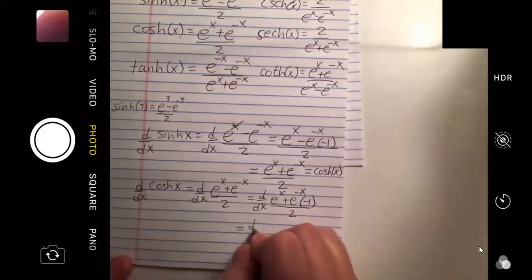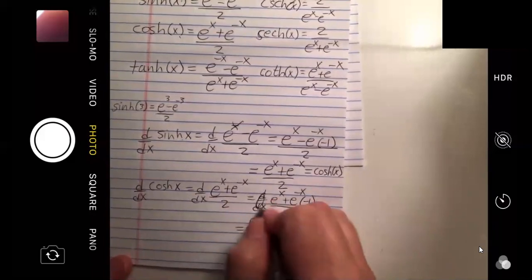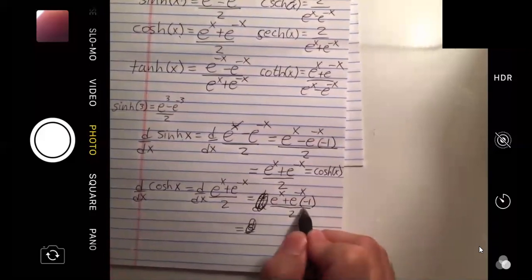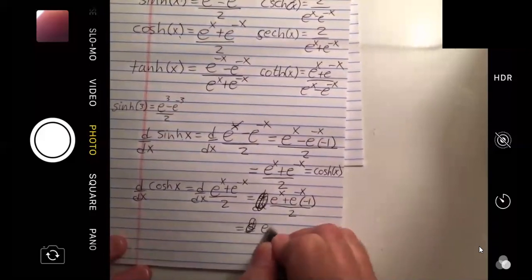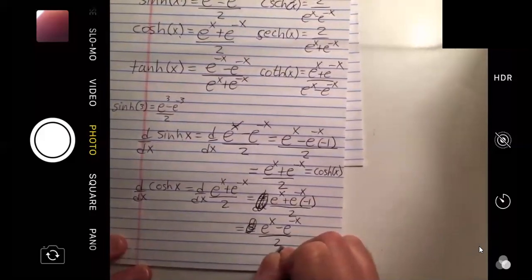Well, this is your derivative. That means you get e to the x subtract e to the negative x divided by 2. And guess what?